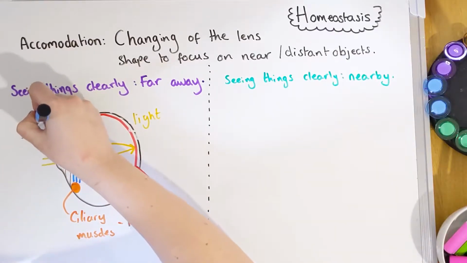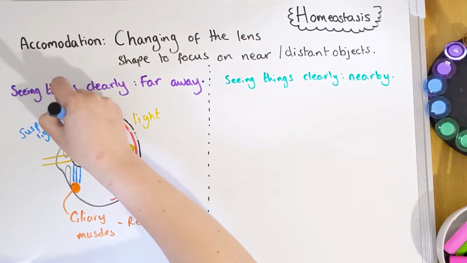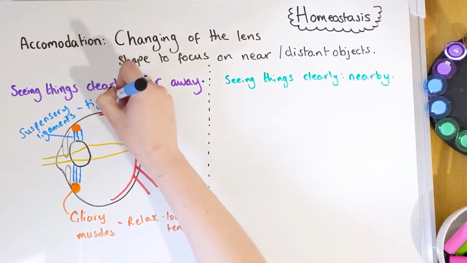Those suspensory ligaments that attach the ciliary muscles to the lens become tighter because they're basically just holding them like a pendulum, the arm on a pendulum holding the pendulum bit at the bottom. So you get more refractions of that light as it passes through the lens.